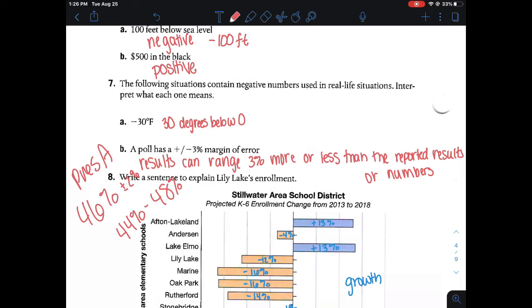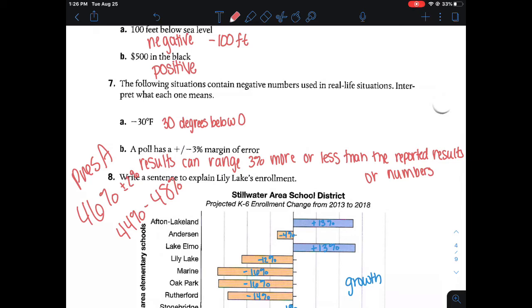So if you're big on politics and you are watching the election come November, and you notice that if you added up the percentages from President A and President B, sometimes they won't necessarily add up to 100%, and you're like, wow, whoever wrote that is really bad at math. It doesn't add up to 100%.